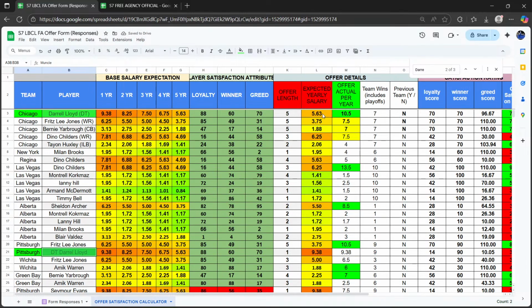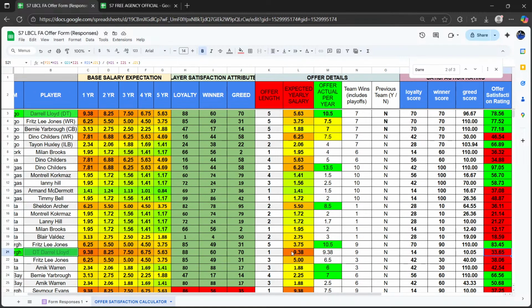So Chicago offered $10.5 million over 5 years. Lloyd's got that big old loyalty there, so he wants long deals. Pittsburgh put in a 1 year deal, which explains why their offer satisfaction rating at base salary didn't meet a player that's got 70 greed. He wants to be paid more than base salary.